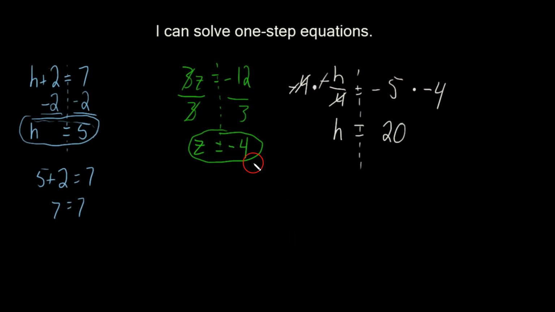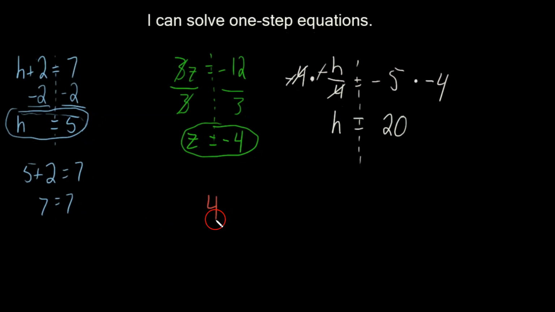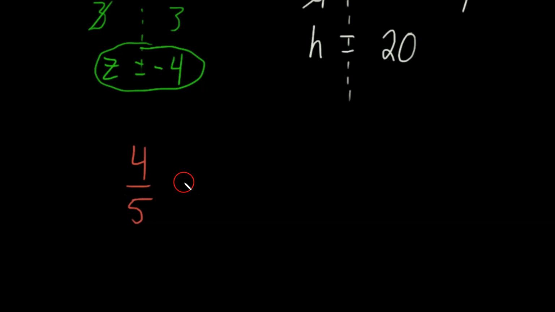All right, one last example. And this one actually is going to be using a fraction. So let's go with 4 over 5 x equals 8. So right now x is being multiplied by 4 over 5.